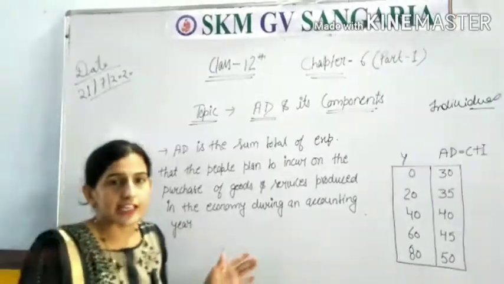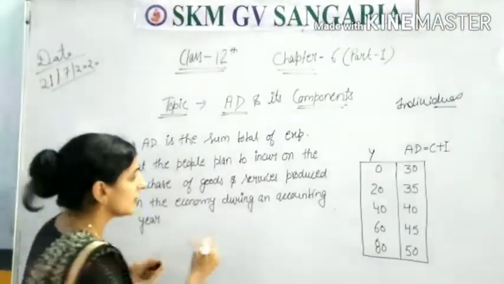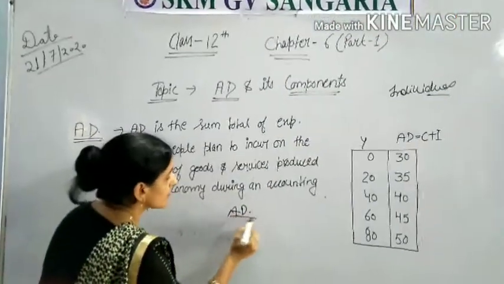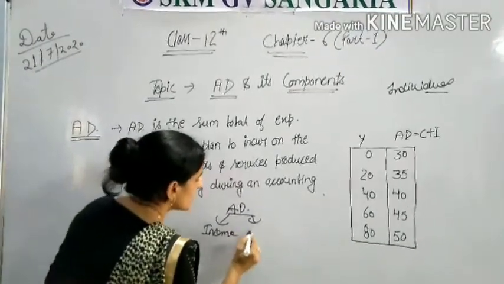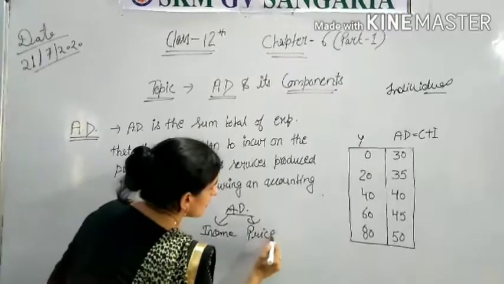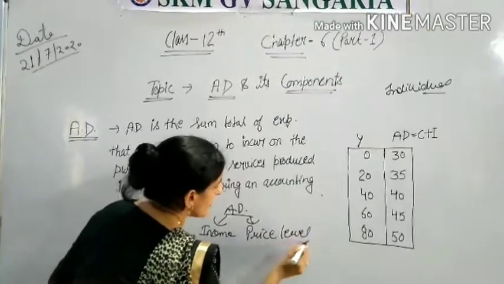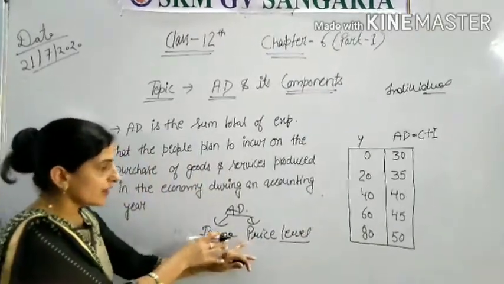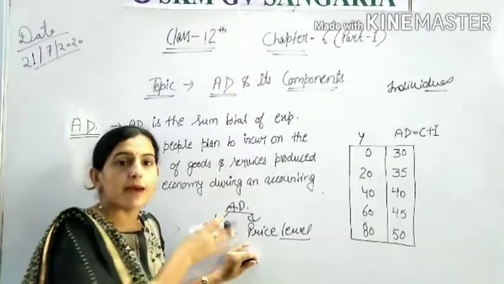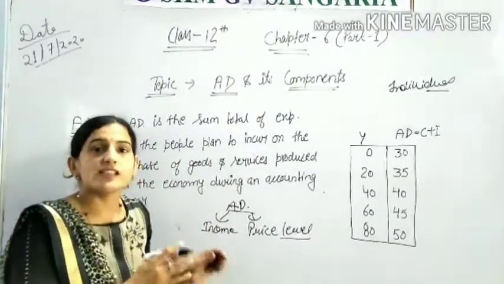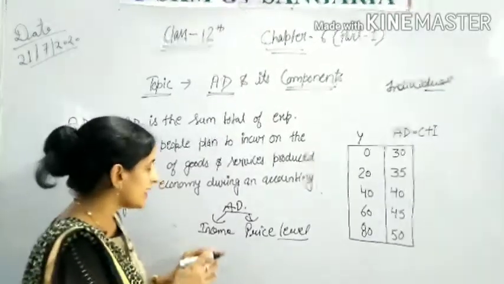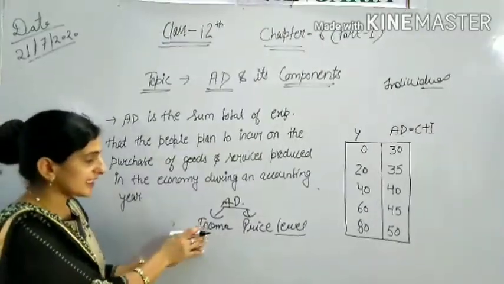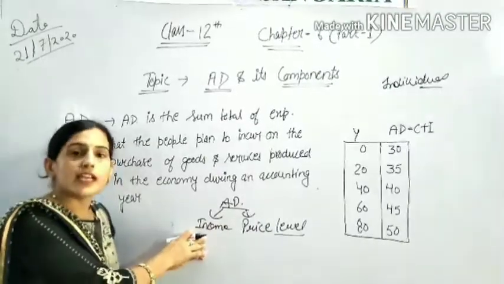Normally we study aggregate demand with income and also with the price level. General price level means we can also count aggregate demand by taking the general price of goods and services. But in your syllabus we will study AD with income only.